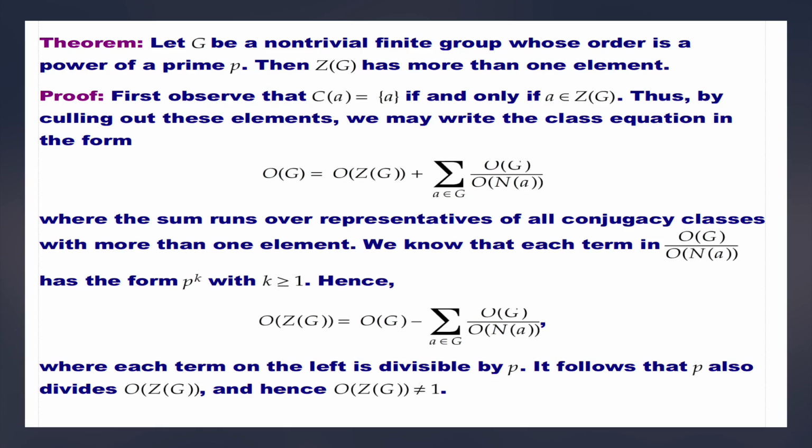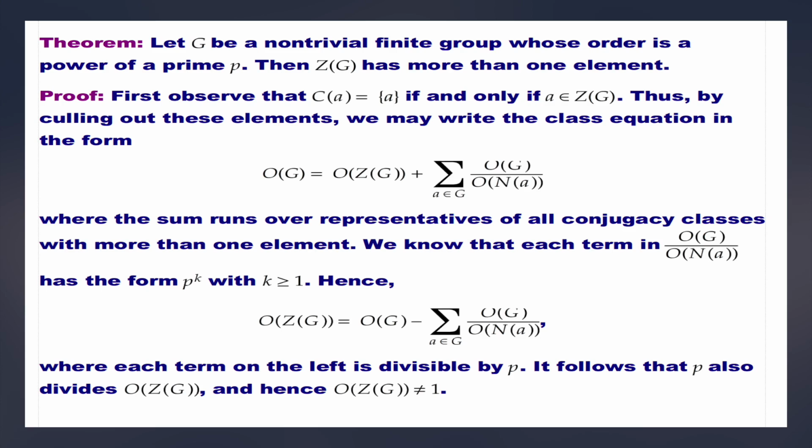Thus, by culling out these elements, we may write the class equation in the form: order of G equals order of Z(G) plus the summation over a of order of G divided by order of N(a), where the sum runs over representatives of all conjugacy classes with more than one element.